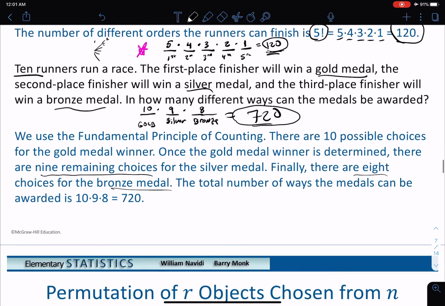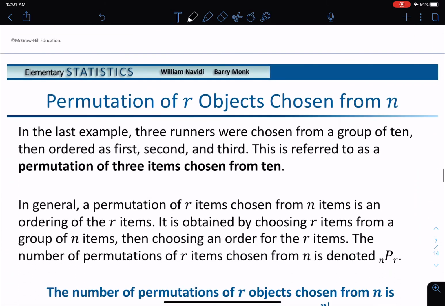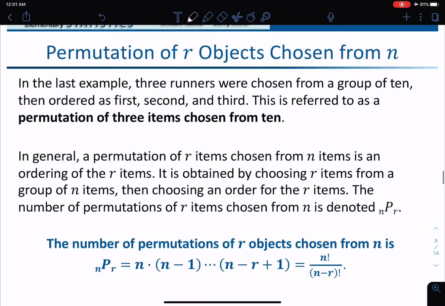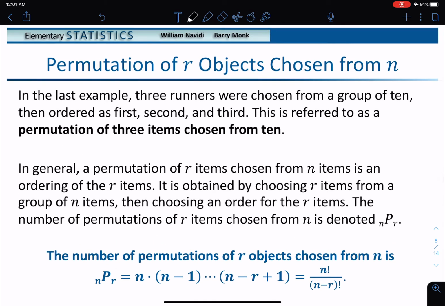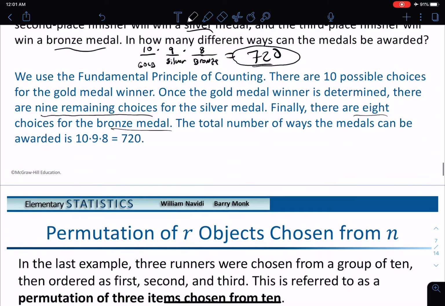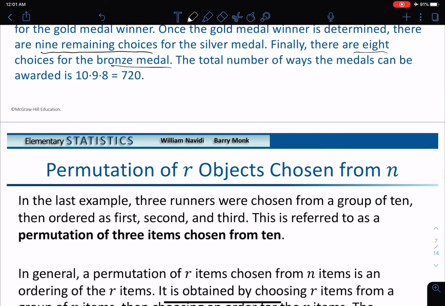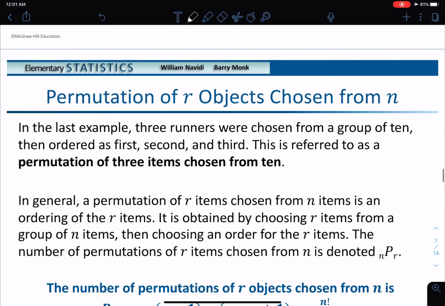All right, so we should be showing a formula real soon here. So, permutations. Let's read this, and then we'll go to our formula sheet. In the last example, 3 runners were chosen from a group of 10, then ordered as first, second, or third.